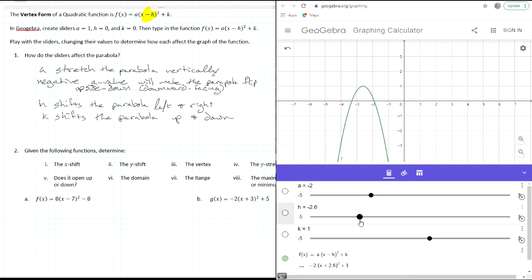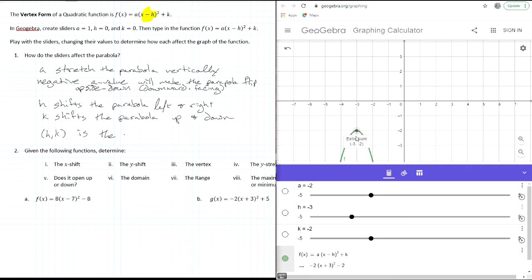If h is -3 and k is, we'll say, -2, I don't want to go too low and push it off the screen, then the vertex is at -3, -2. So the point h comma k is the vertex.